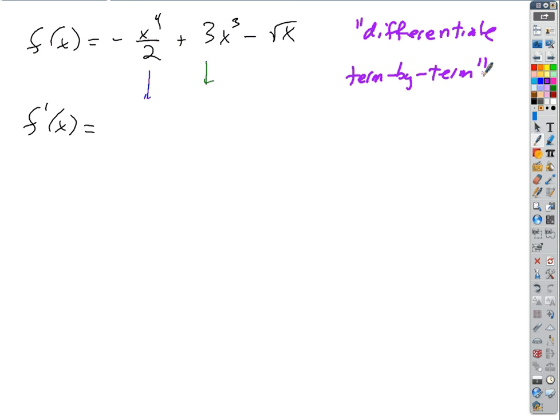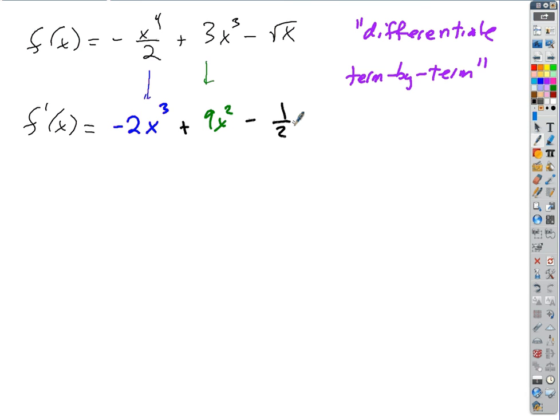Let's see if we can do these without even rewriting them. So what's this first one going to be? Negative 2x, because I've got a negative 4/2, so I get a negative 2x to the third, and then plus, what's that going to be? 9x squared, minus, so I've got an x to the 1/2.